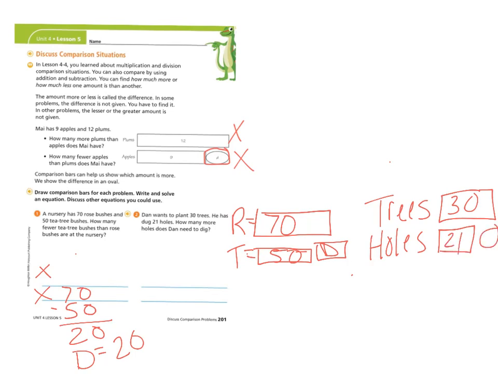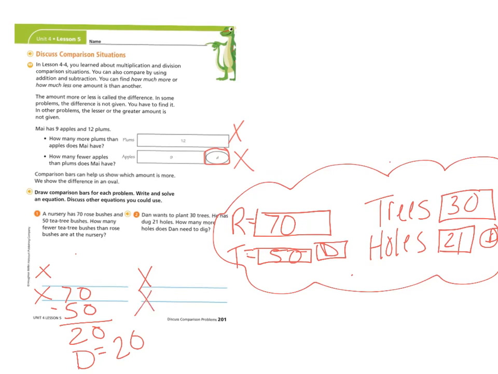So there's the difference right there that we need to find. So that would go right here on that line. Or if you need to write over here too, that's fine if you want to show your work on the side. Here you need to write the equation. So 30 minus 21 equals 9. So D equals 9. So I need to see the comparison bars and the equation.